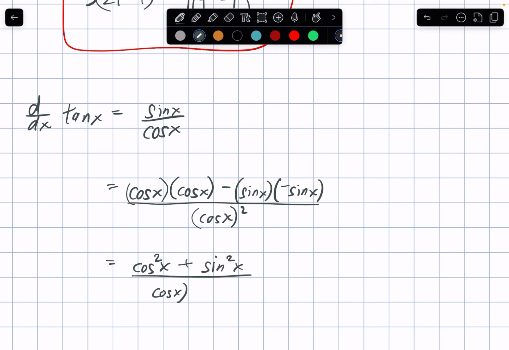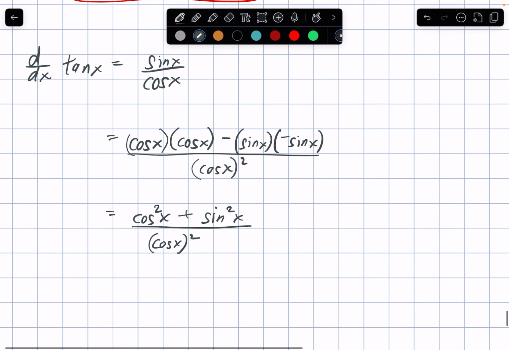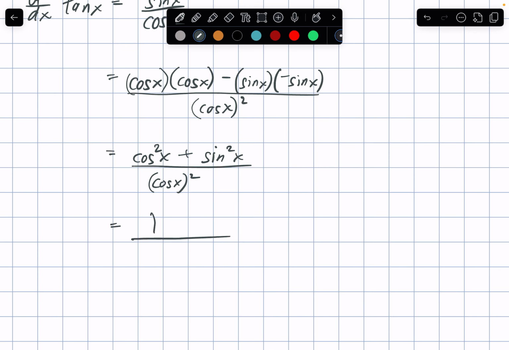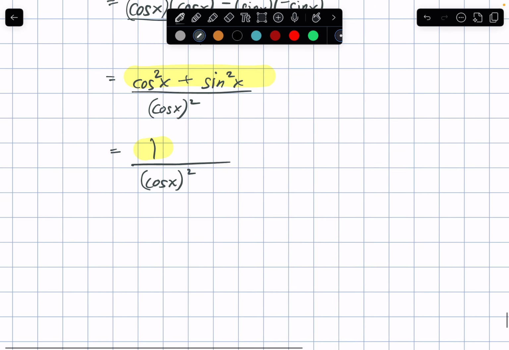So from here, what you're seeing in the numerator could actually be rewritten as 1. That's one of the identities that you have to know. It saves a lot of time. You don't have to run in circles trying to solve the same question, figuring out what's the next step, because you know that there is an identity.